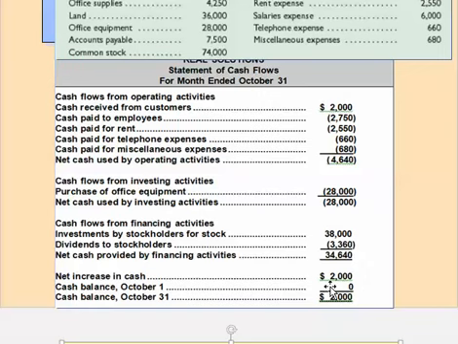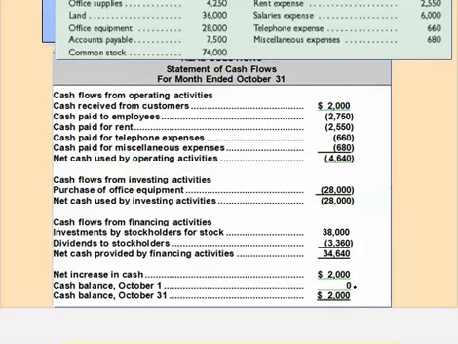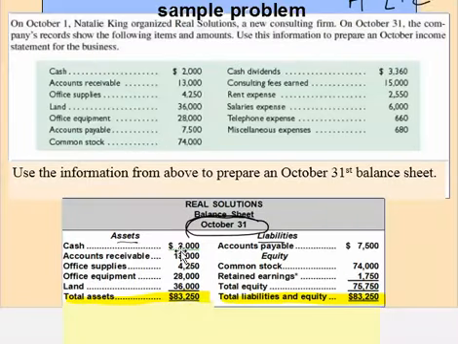We had no beginning balance because it's a new company, so the ending balance in cash should be $2,000. Also, just another note here, this $2,000 that we see as our ending balance in cash should also be the balance that we saw on our balance sheet, which it is. So we're in good shape. These two have to match.